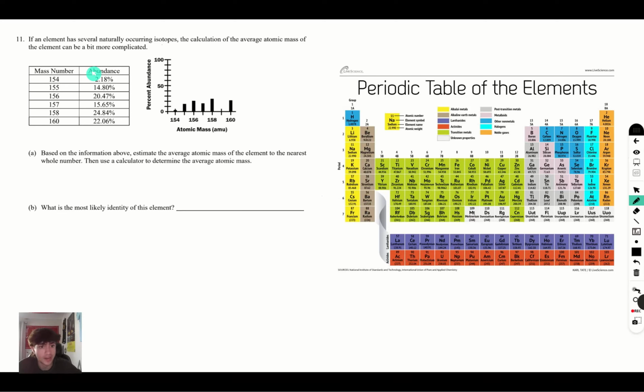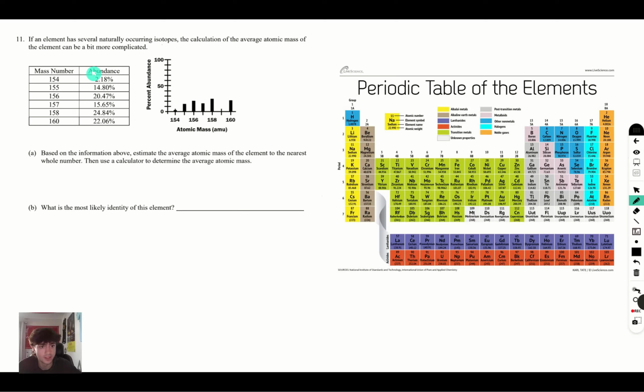And then you have 0.1565 times 157. You add 0.2484 times 158.